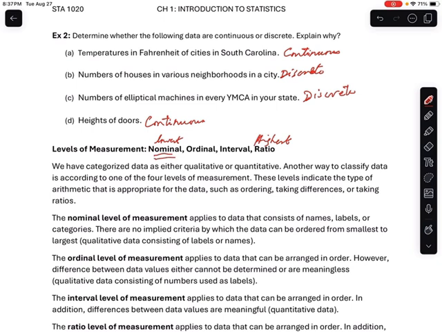So what is the nominal level of measurement? It applies to data that consists of names, labels, or categories. There are no implied criteria by which the data can be ordered from smallest to largest. Anyone can have their own choice how they want to arrange it.